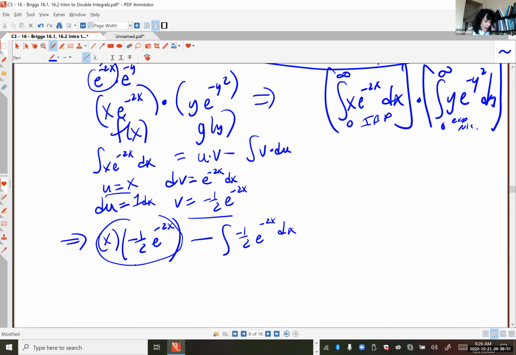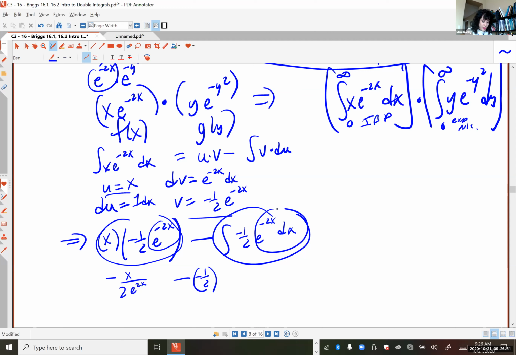Even though this is e to the negative 2x, normally I let you leave your exponentials with negative exponents, but this time I'm going to rewrite it because I'm going to evaluate at the limits in a moment. This antiderivative, I'm going to pull the negative half out. And when I integrate this e to the negative 2x, which we just did, that's negative a half e to the negative 2x. Okay, fine.